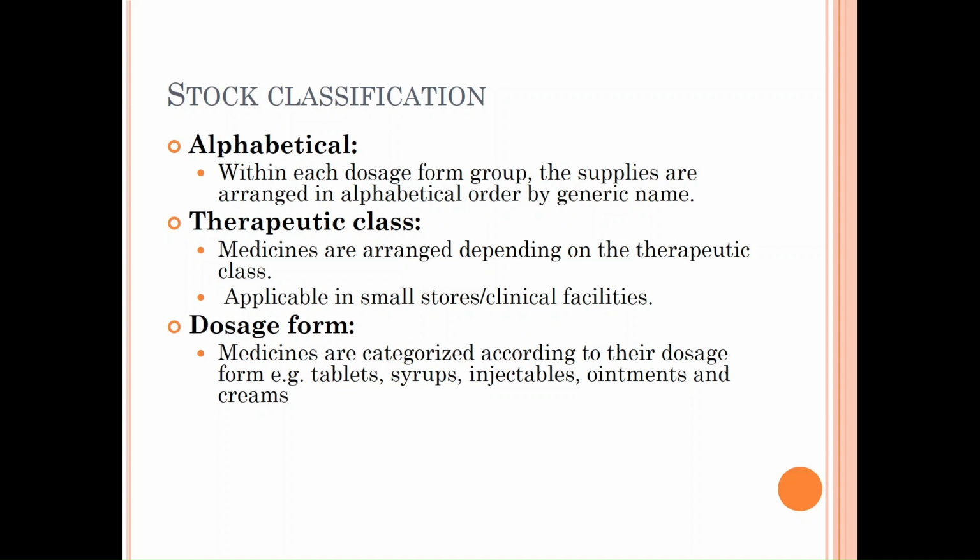So with the therapeutic class, we'll say maybe these are antimalarials. We pack antimalarials alone. We say these are asthmatic medicines. We pack them alone in their specific area. And then we shall say these are the cardiovascular disorder medicines. We also put them alone. The CNS medicines, we put them alone.